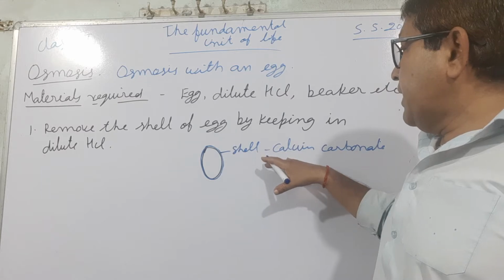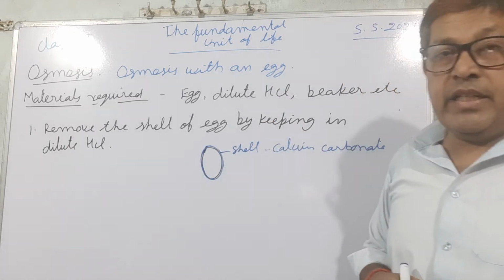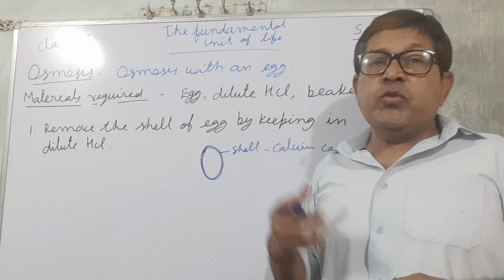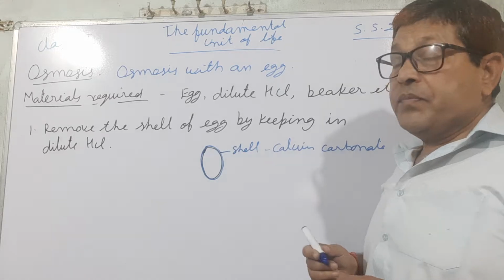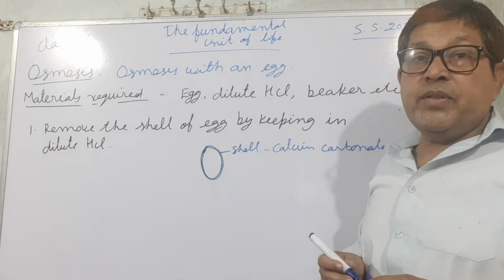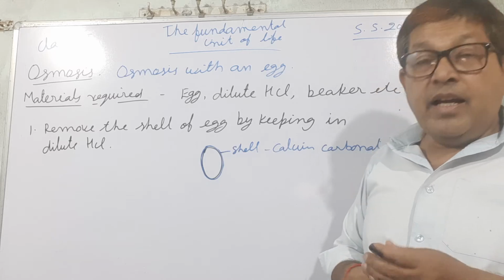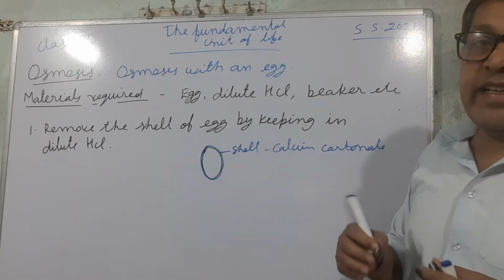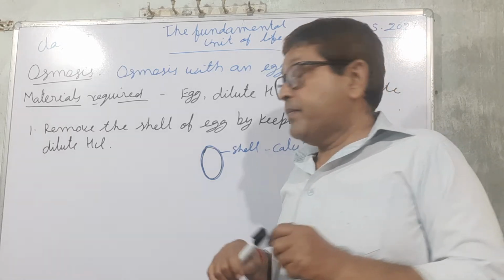So if we keep it in dilute HCl, the shell of the egg dissolves, and such an egg is called a decelled egg.